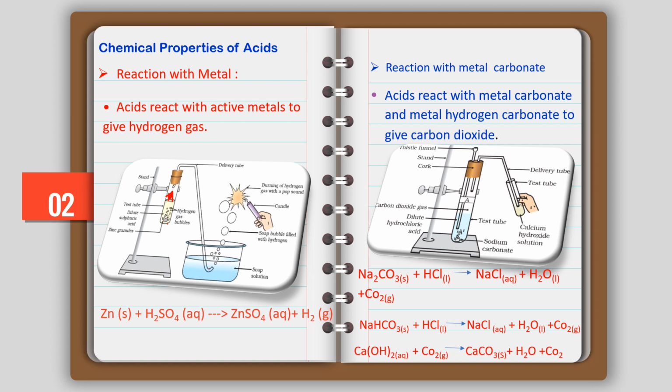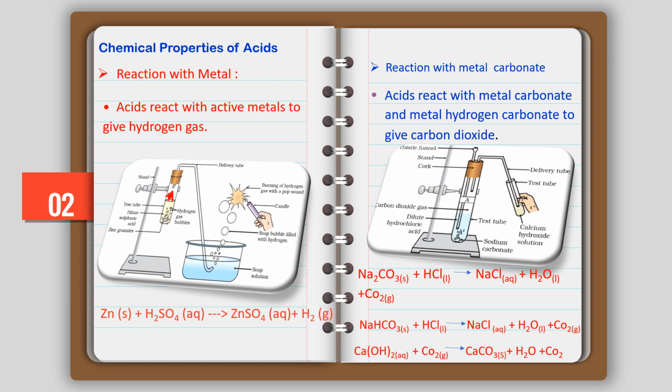So how can we identify that hydrogen gas is evolved? To test this, we use a burning matchstick or a candle. When placed over the soapy solution, a pop sound will be observed.